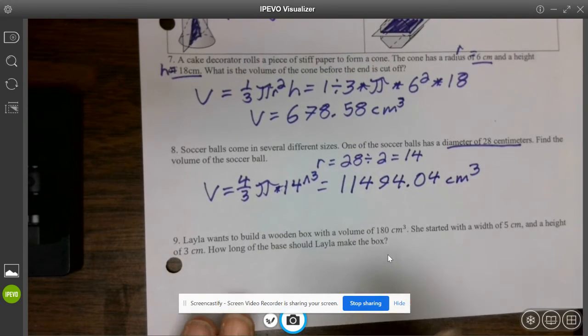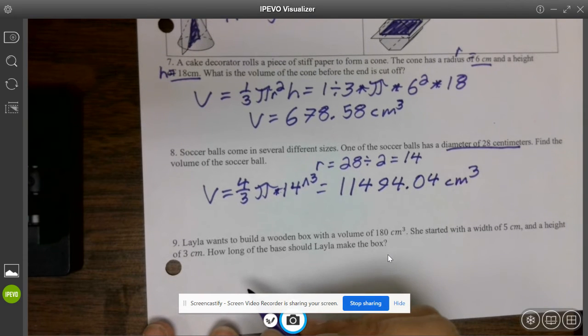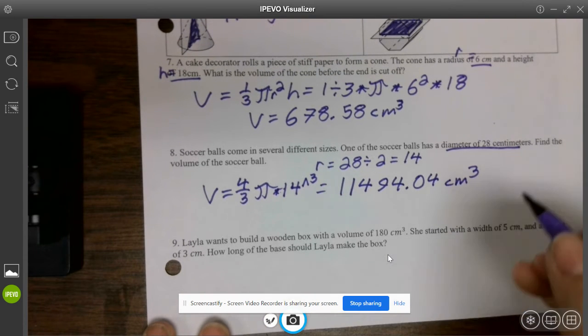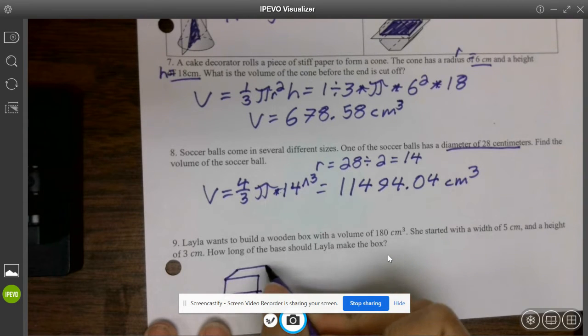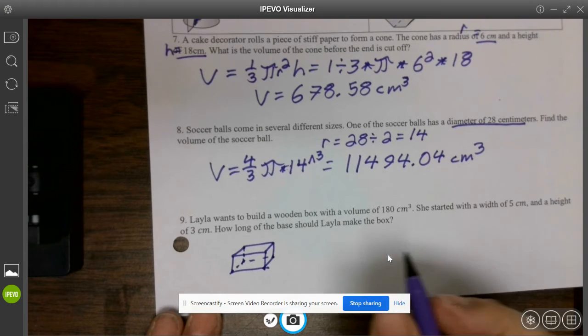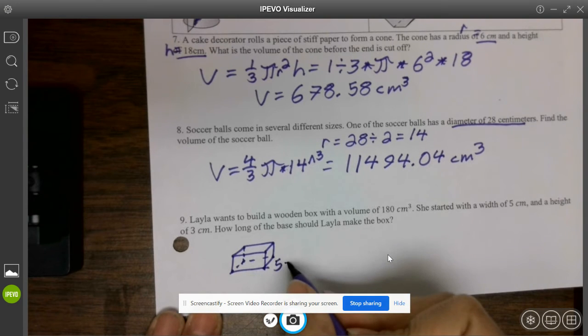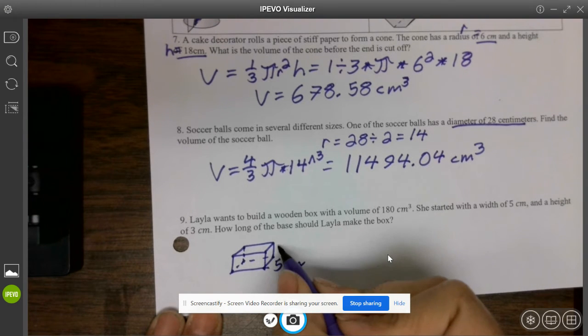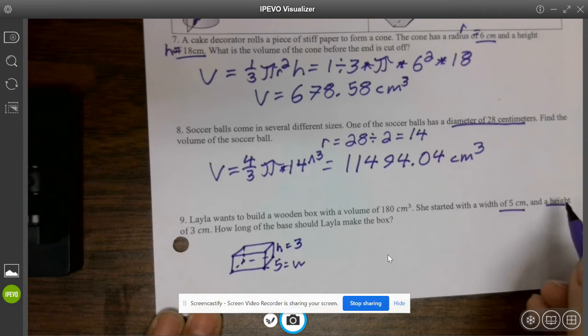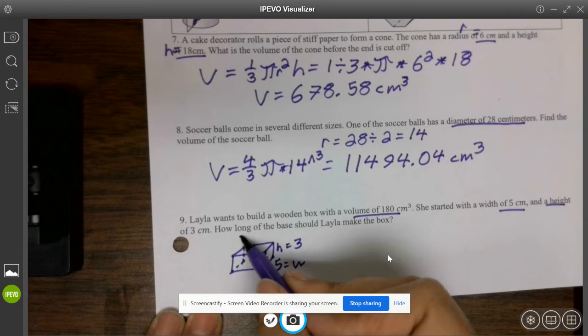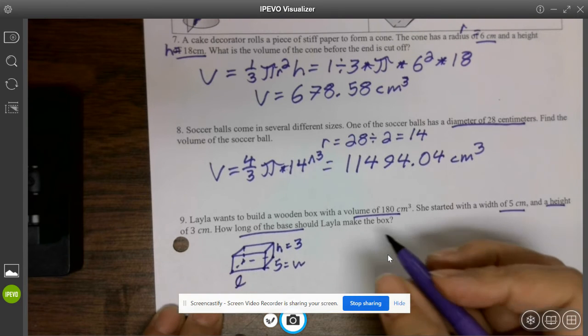Okay, Layla wants to build a wooden box. So everybody, if it's a box, it's going to be our rectangular prism. Width of 5, height of 3. How long should the base be, everybody? So we're solving for the length.